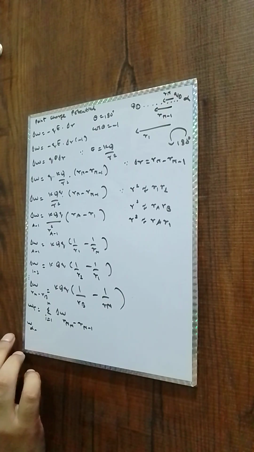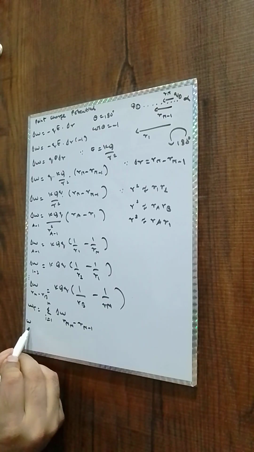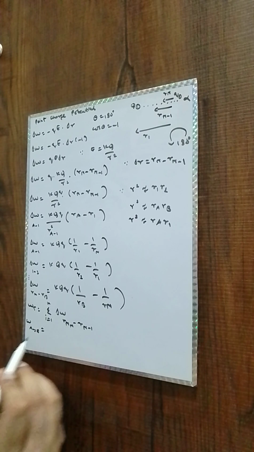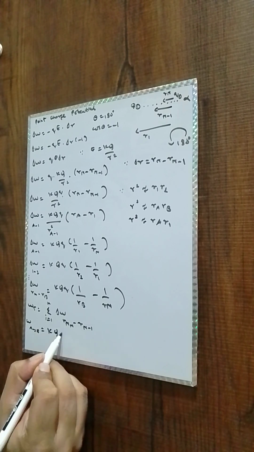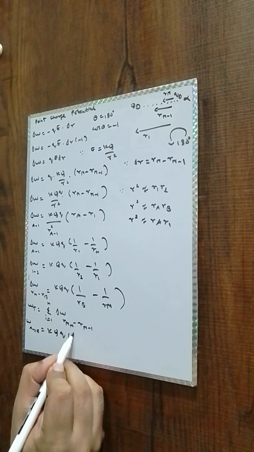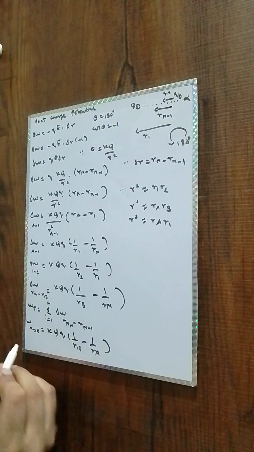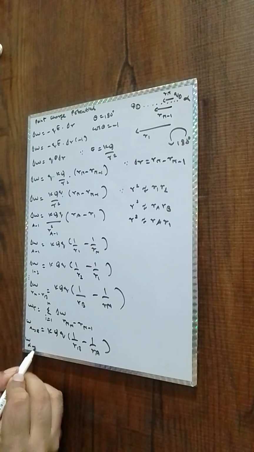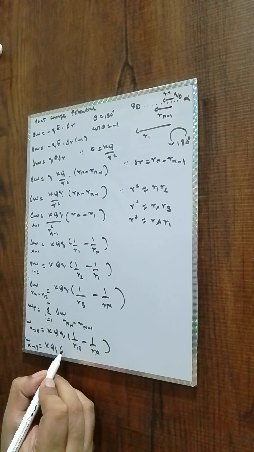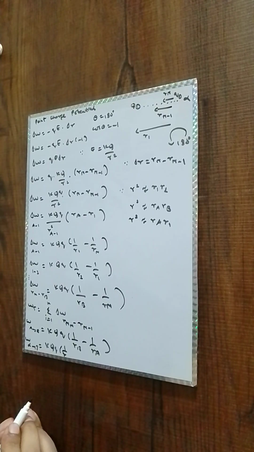So work from A to B would be k q into 1 by rb minus 1 by ra, and then work from infinity to b would be k q into 1 by r.